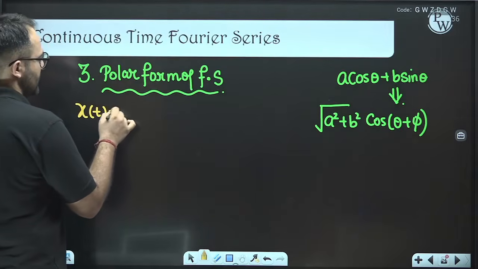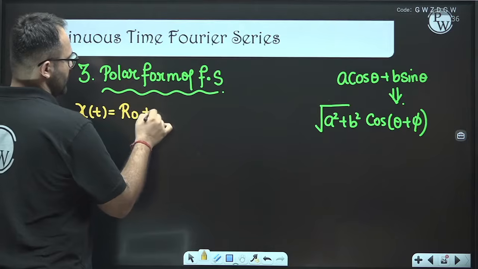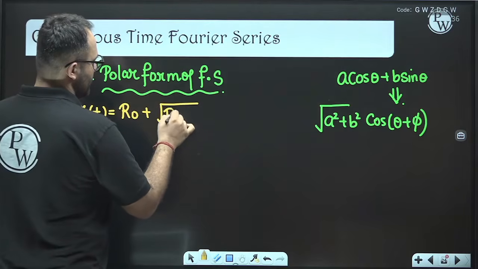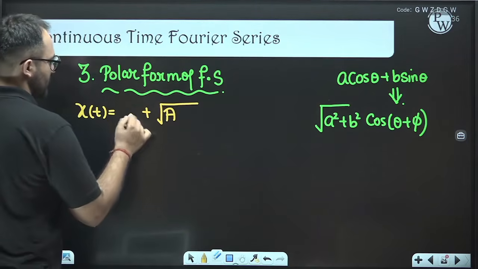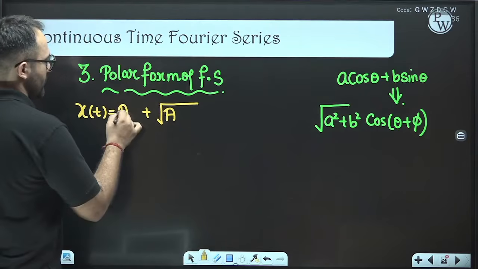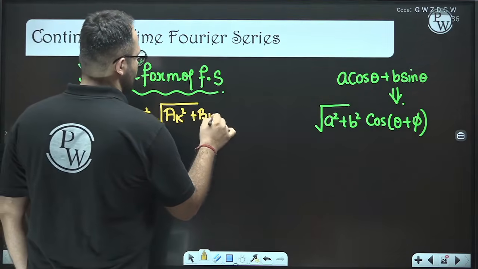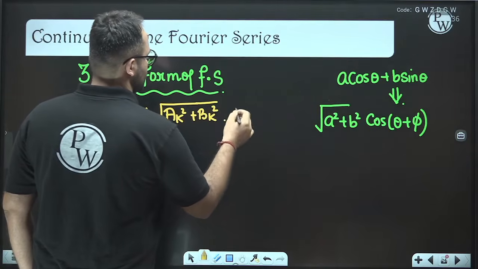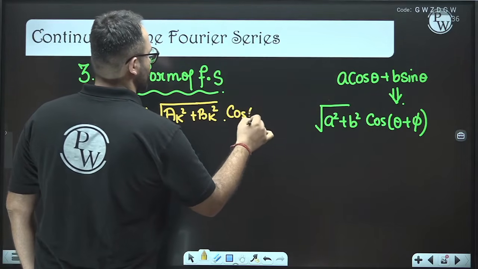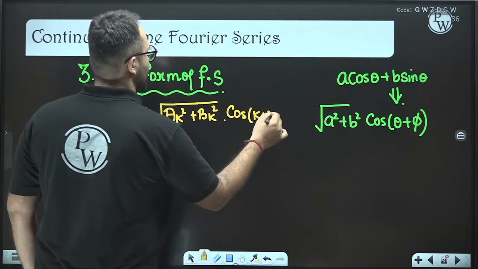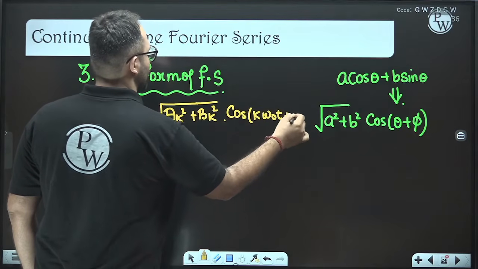x(t) can be written as r naught, or we can say a naught only, plus summation k equal to 1 to infinity under root of ak square plus bk square, cos of k omega naught t plus phi k.